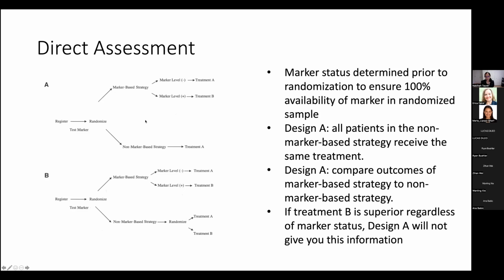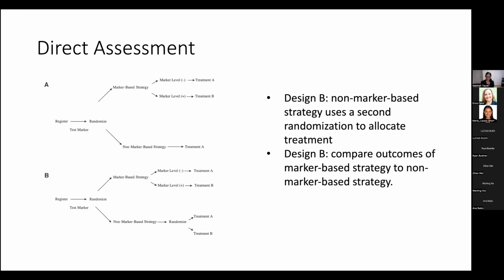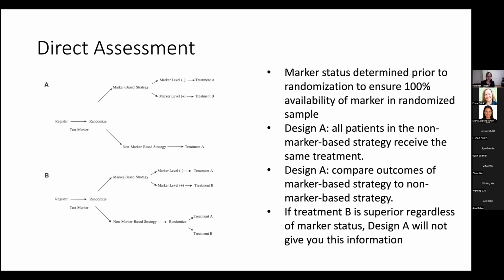However, this option A does not tell you if you have a biomarker that is prognostic. This option A does not tell you if you have a treatment that is just superior regardless.